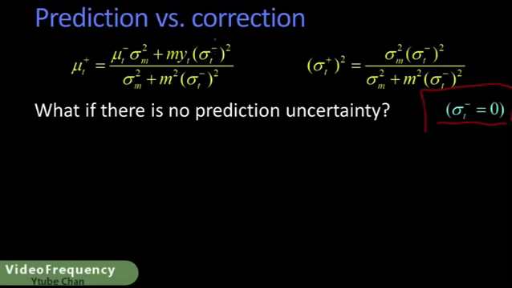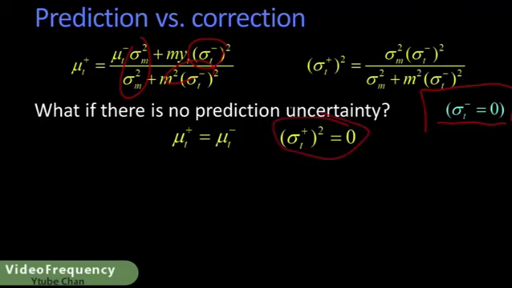This thing is 0 here, this thing is 0 here, this thing cancels out. What it means is that your best update is the one that just uses the prediction, because you knew exactly where it was going to go. And furthermore, your new covariance is 0. That is, you have no uncertainty. Another way of saying this is your measurement is ignored. If I'm sure of my prediction, I should ignore my measurement.